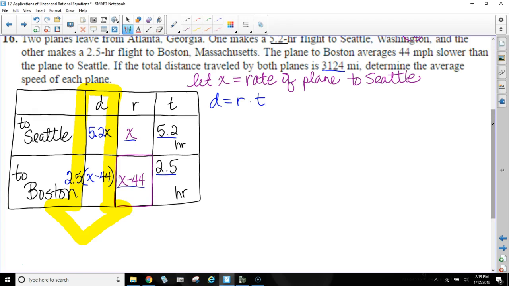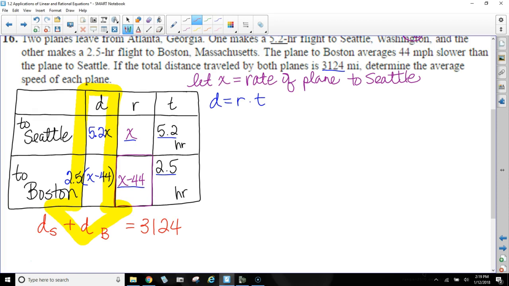This last sentence says the total distance traveled by both planes is 3,124 miles. So this is a true statement when we say that the distance of the Seattle plane added to the distance of the Boston plane is 3,124.